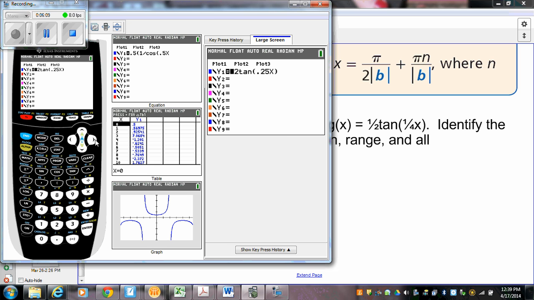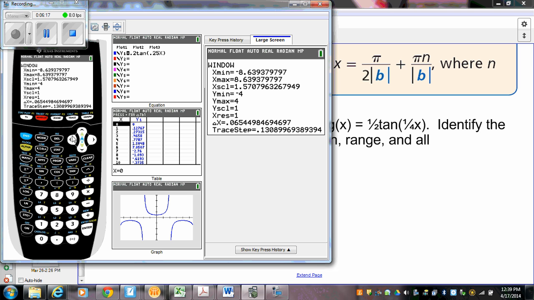Now, I typed the wrong number here. There we go, 0.5. Now, for your window, I want your window to go from negative pi to positive 3 pi with a scale of pi over 4.